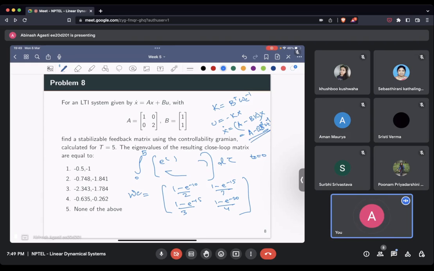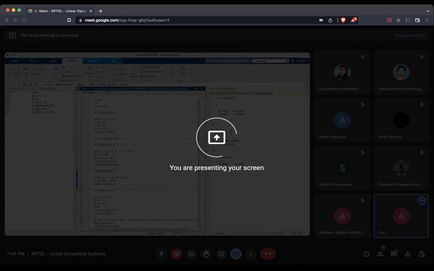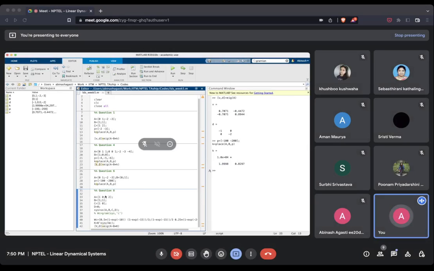Okay, so let us check MATLAB because these are some really difficult numbers. We have this given A, B, and some C and D, which you can take randomly, just to create a system with the ss function, which needs the ABCD matrices.